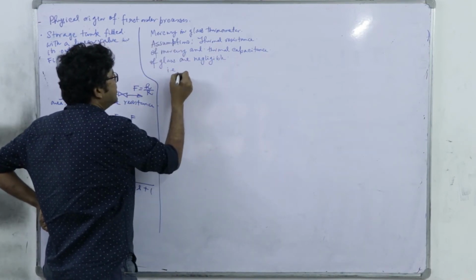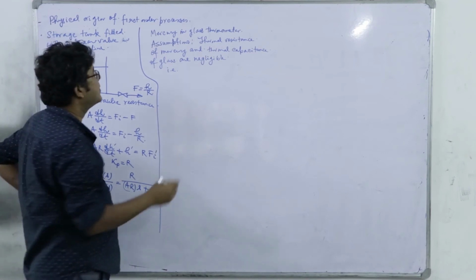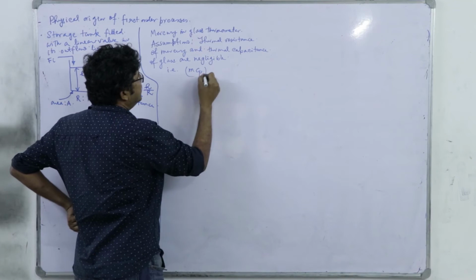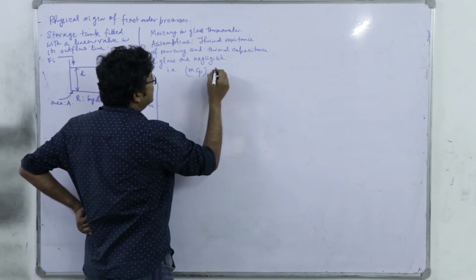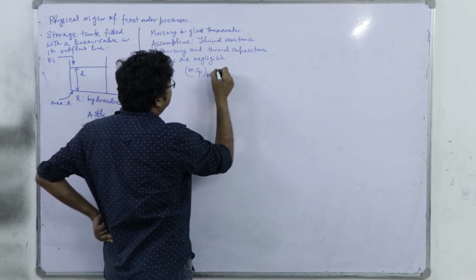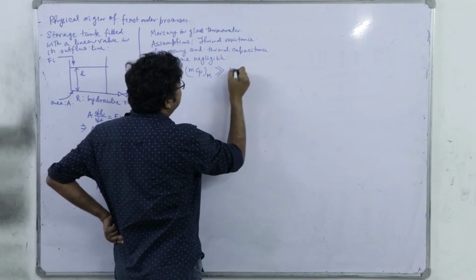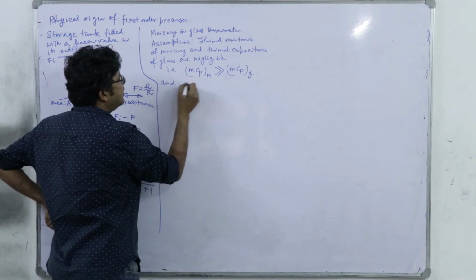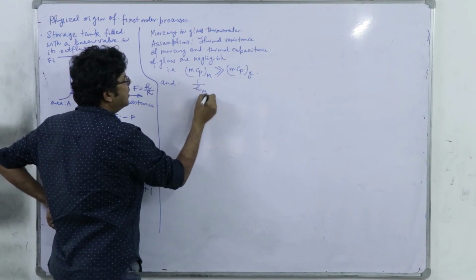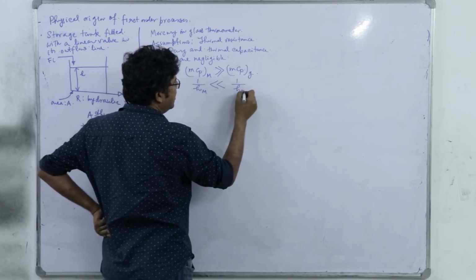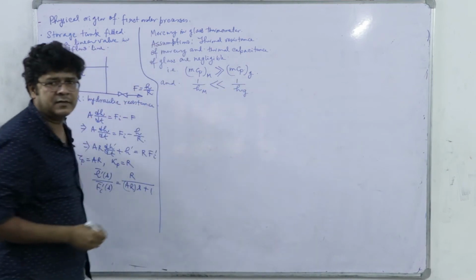That is, the thermal capacitance of mercury, m Cp of mercury, is much higher than m Cp of glass, and 1/h of mercury, the thermal resistance, is negligibly small compared to 1/h of glass.